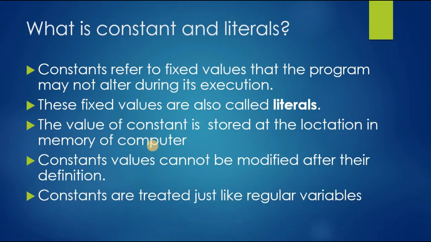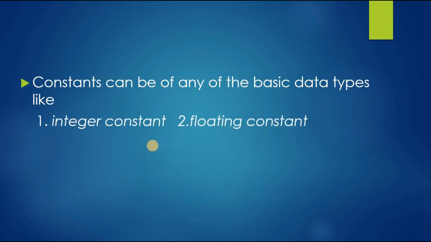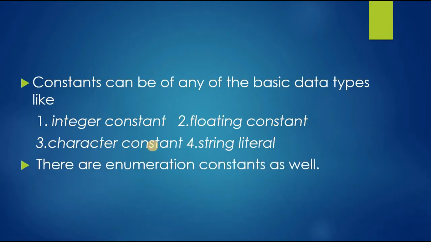Constants are treated just like regular variables. Constants can be any of the basic data types like integer constant, floating constant, character constant and string literals. There are enumeration constants also present in C constants.